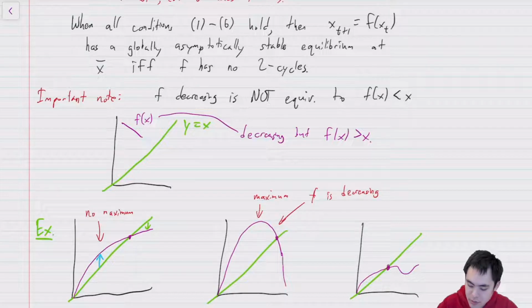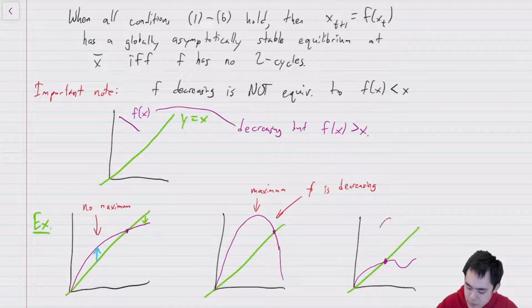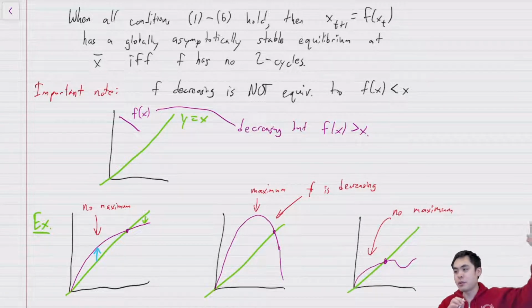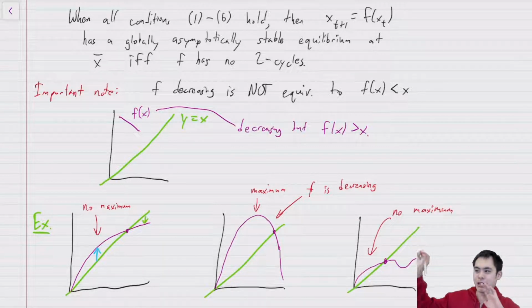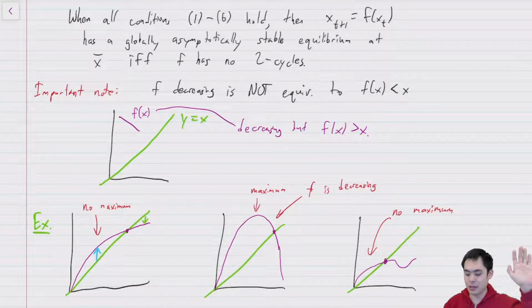Here, we again have no maximum. And it's above the line on the left. Sorry, things are mirrored for me. On the left and below the line on the right.